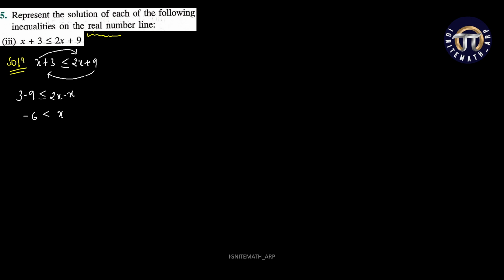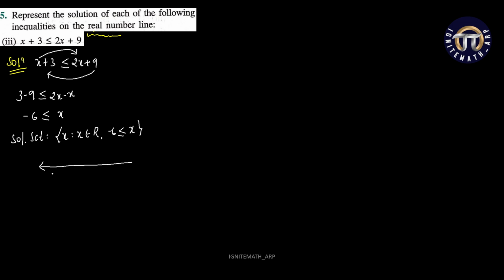Then here only x will be left out. x is greater than or equal to minus 6, right? So now what is the solution set? Solution set is x such that x belongs to the set of real numbers and x is greater than or equal to minus 6.